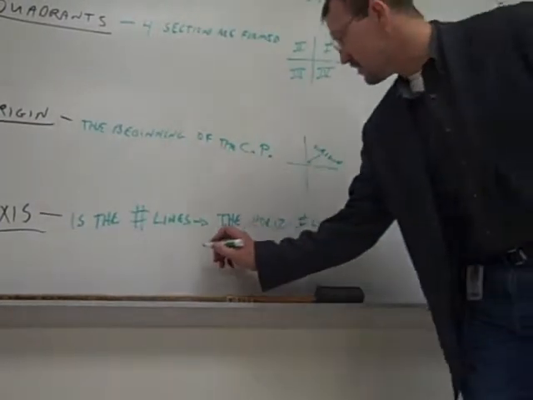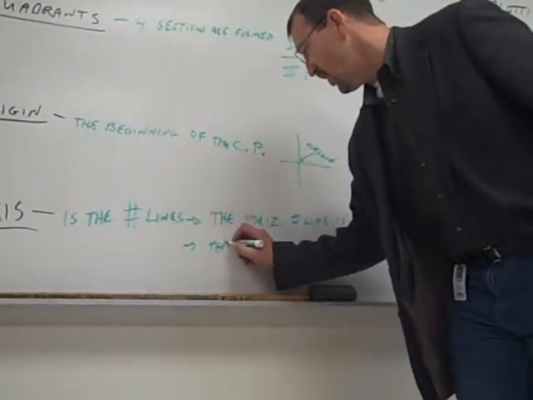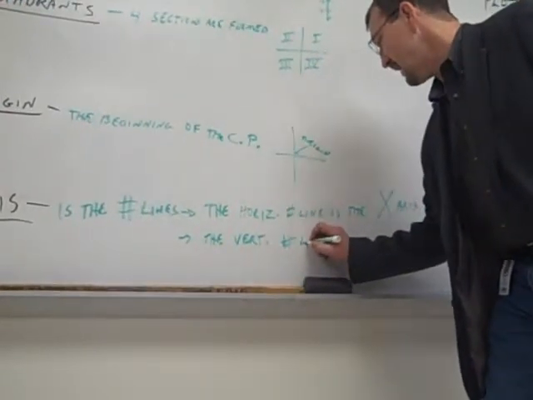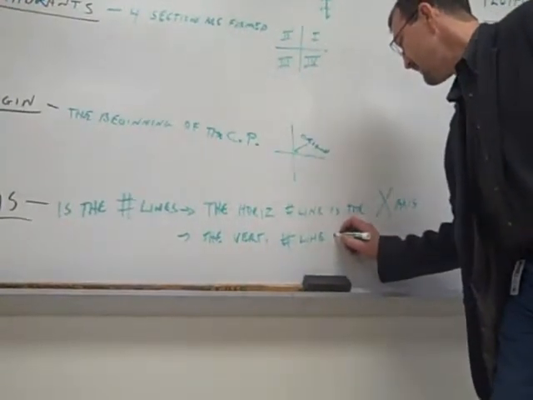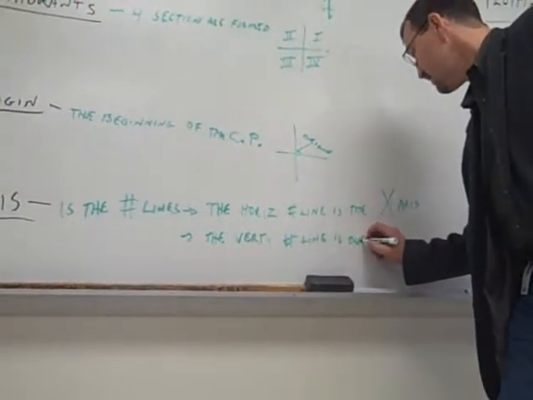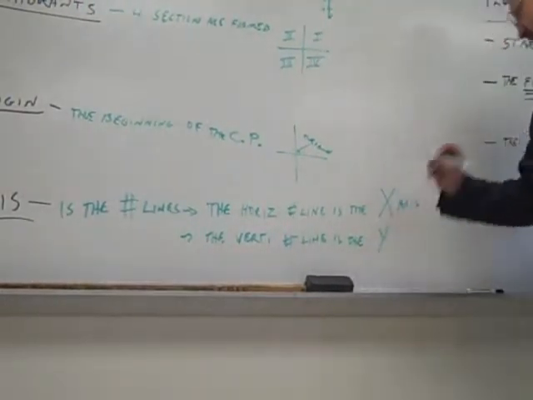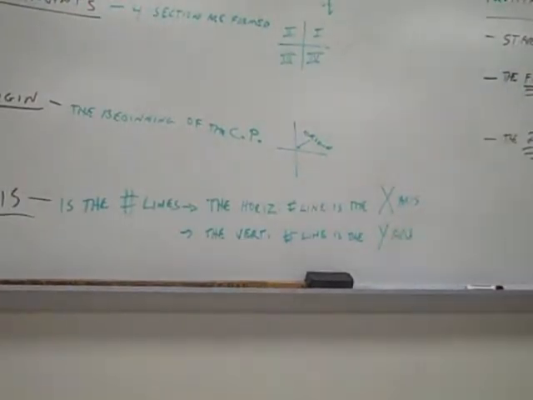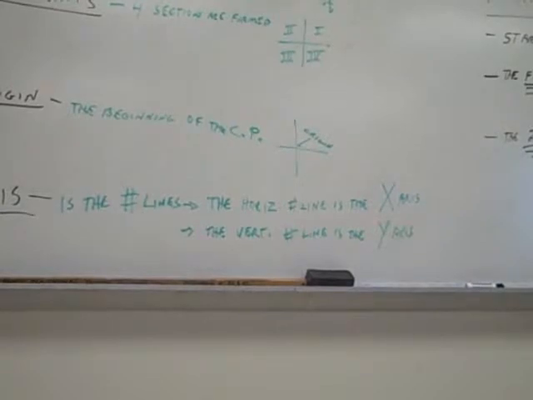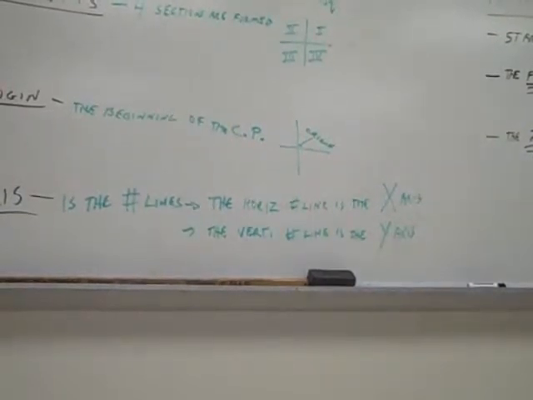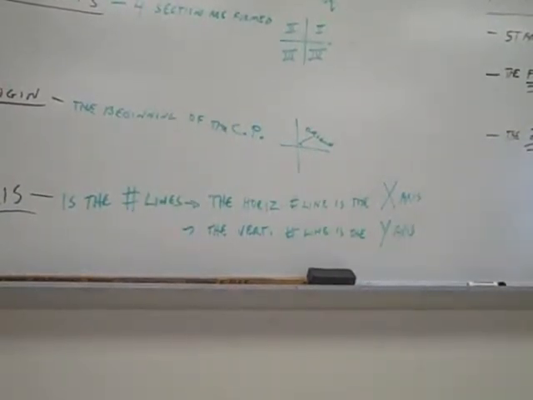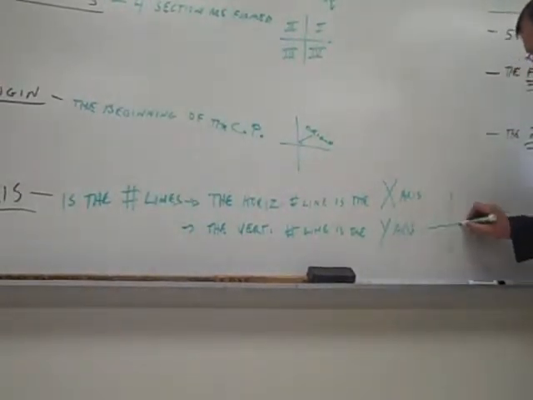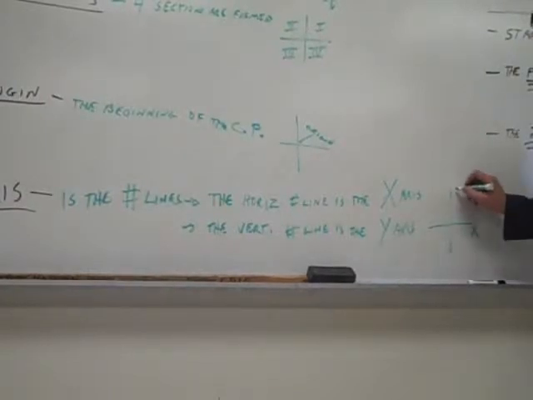The vertical number line is the y-axis. Good job. So, draw another quick one. This is X, this is Y.